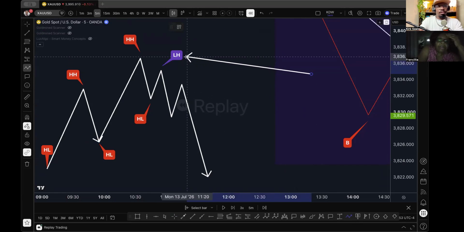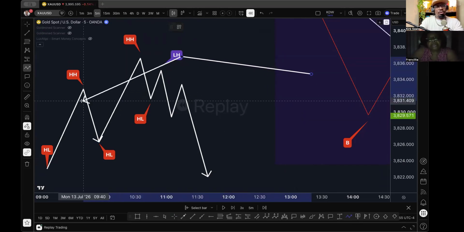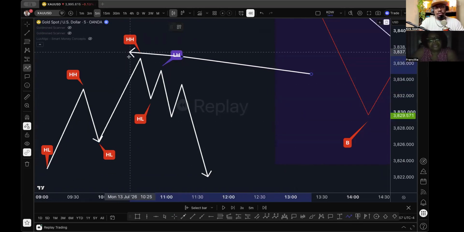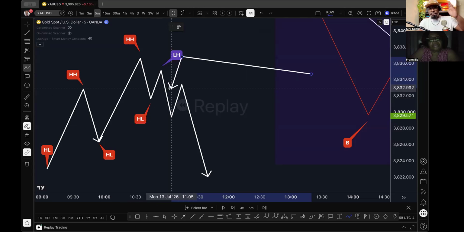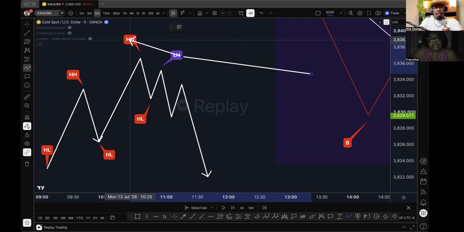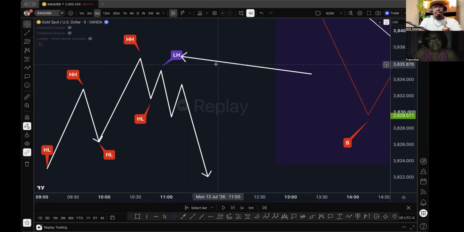So right here, we were getting higher highs and higher lows this whole time. That's price going up. When it reaches the top and pulls back, if you do not get a higher high, but instead you get a lower high, that is your first indication that something is changing. This is the first indication that we might be changing direction. If this was a car, this is the car turning on the indicator.